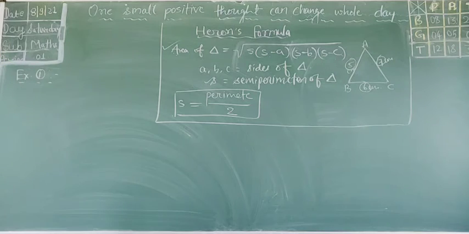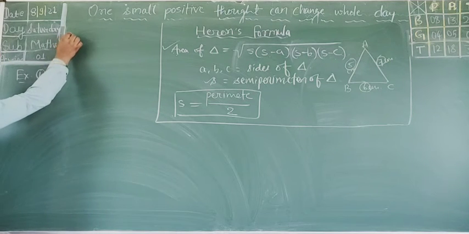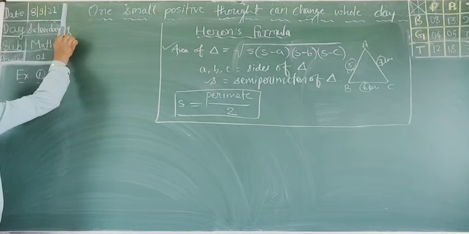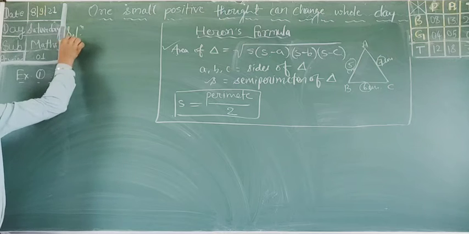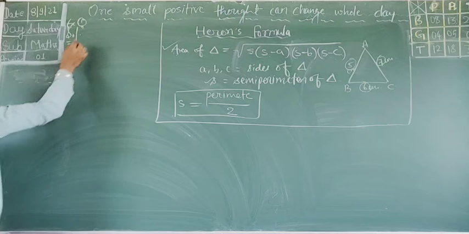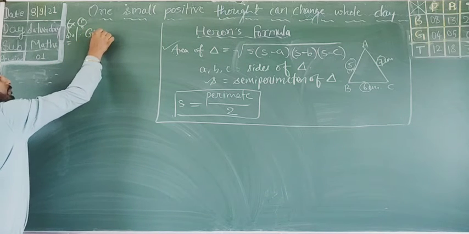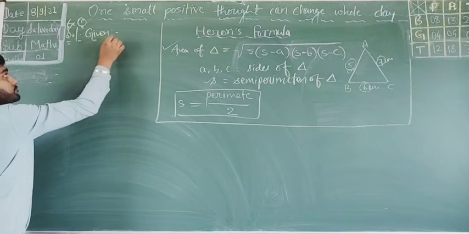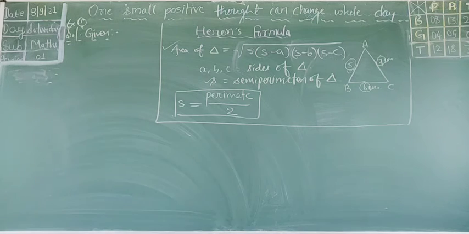Okay, so in the solution I am going to solve example number 1. Solution. What is the given part in this question? Suppose we have a triangle.